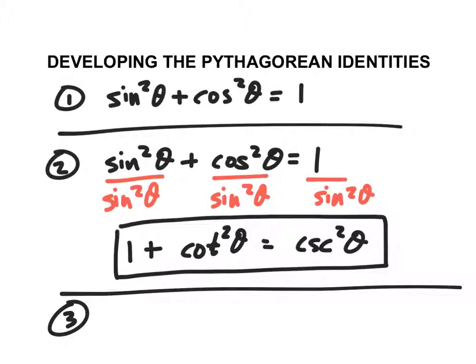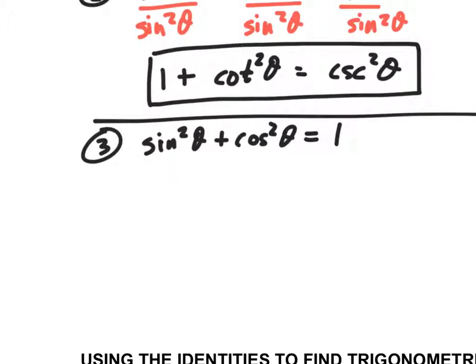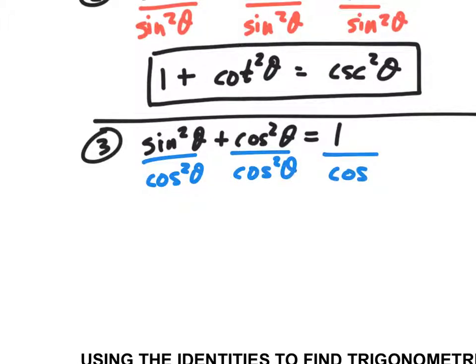The third one that I've got, I'm going to write out my original sine squared theta plus cosine squared theta is equal to 1. And I'm going to divide everything by cosine squared theta. I should have done this one first, but whatever. Now, sine squared theta divided by cosine squared theta, sine divided by cosine is going to give me tangent.